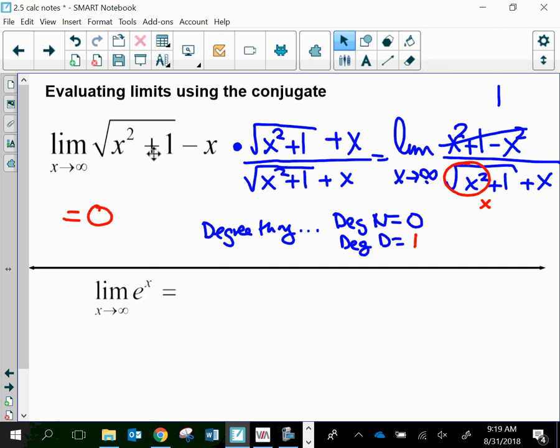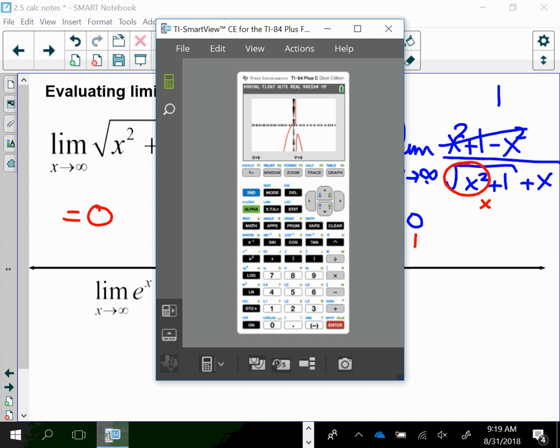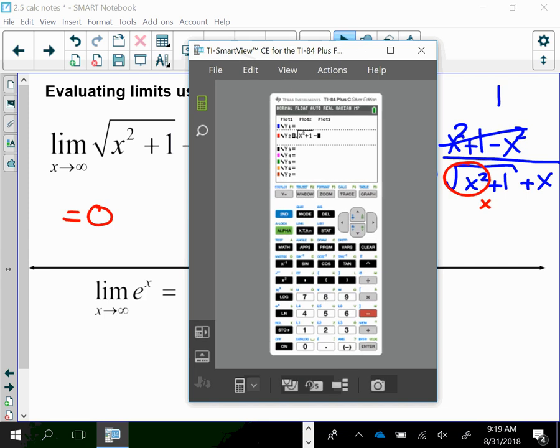Okay? Now, again, if you want to verify that, just because we can, throw in from the beginning the square root of x squared plus 1 minus x.